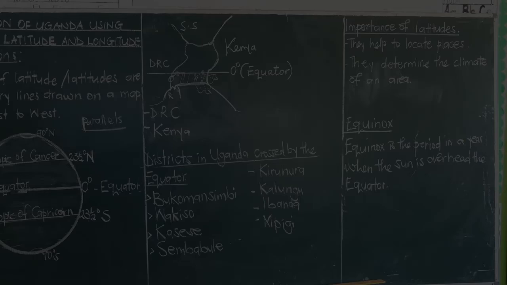Then lastly, we talked about the international date line, and we say it helps to determine the date or days. So we can also say these lines are used to determine days or dates.